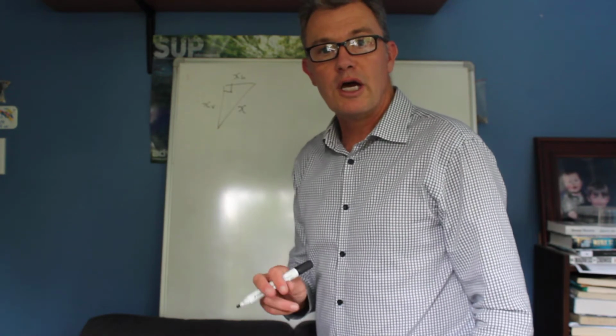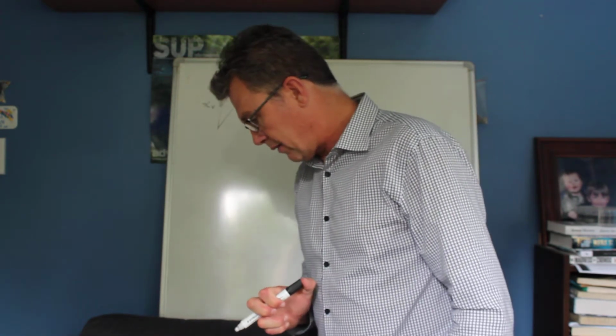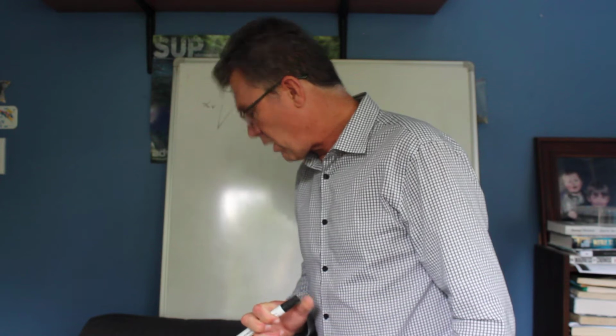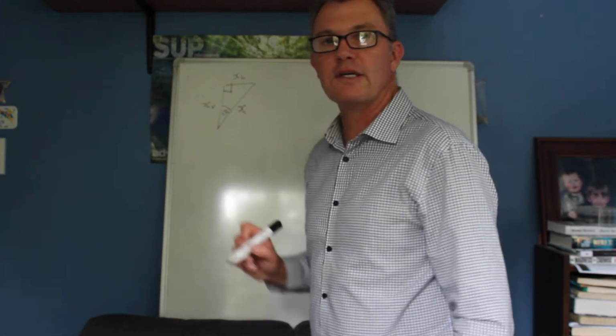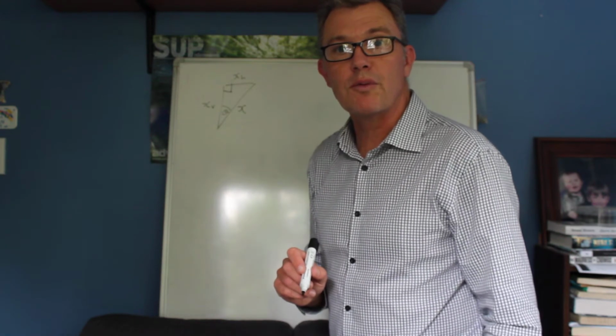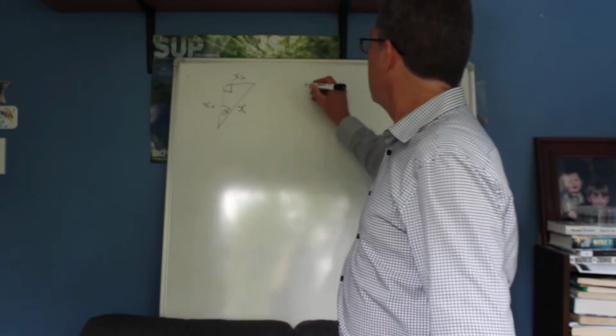So what do we know about those two vectors? Well, if we had an angle, call it theta, it would be pretty obvious what we know about those two components.